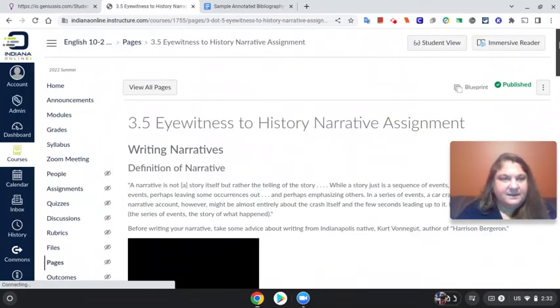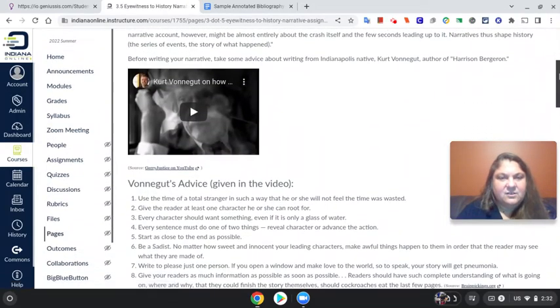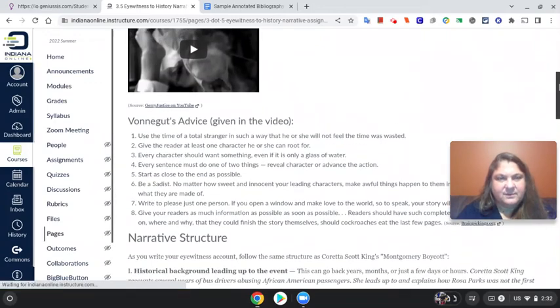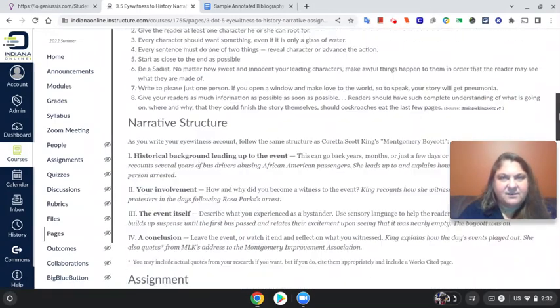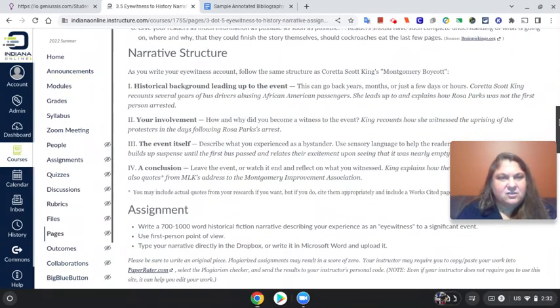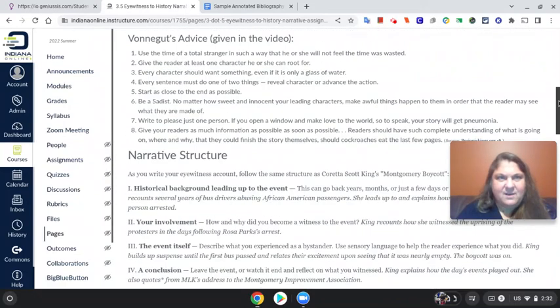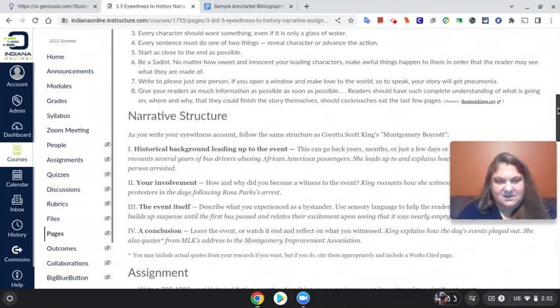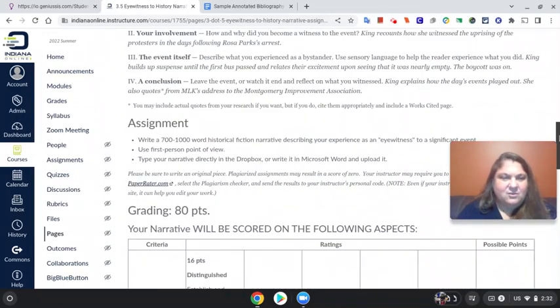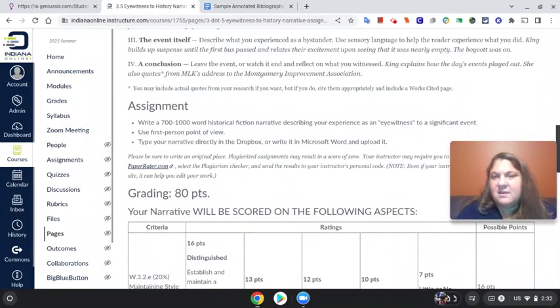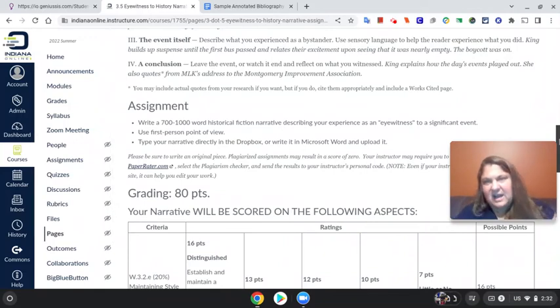And then you are going to read through this advice about narrative writing, and you are going to write your eyewitness to history narrative, where you are writing 700 to 1,000 words of historical fiction, describing your experience as an eyewitness to a significant event.